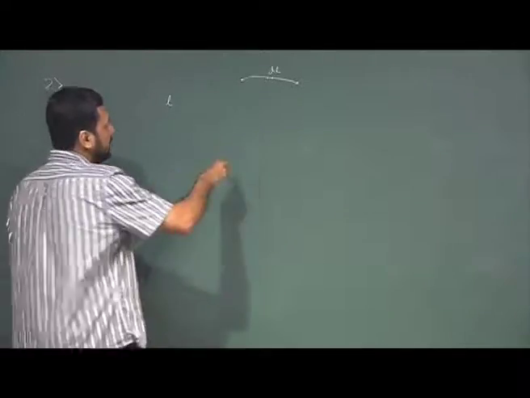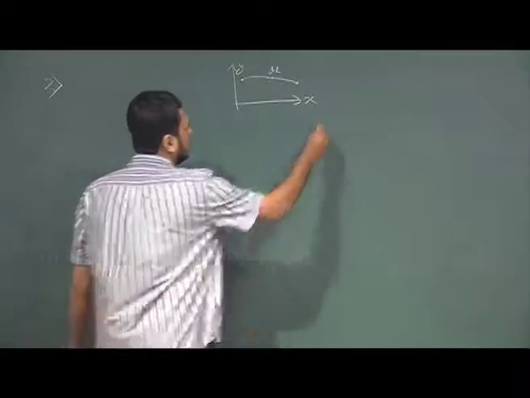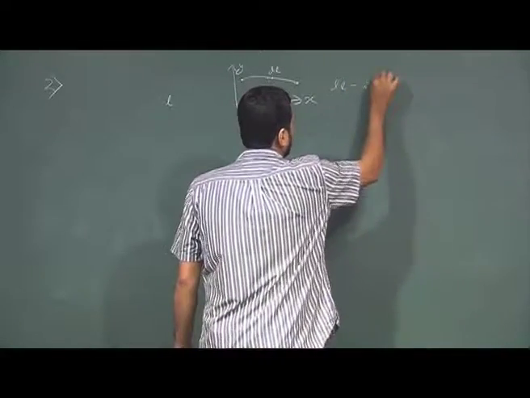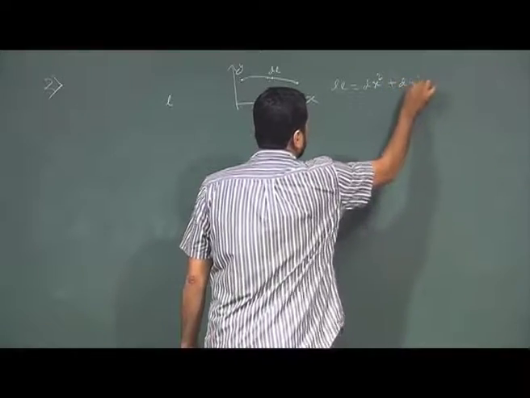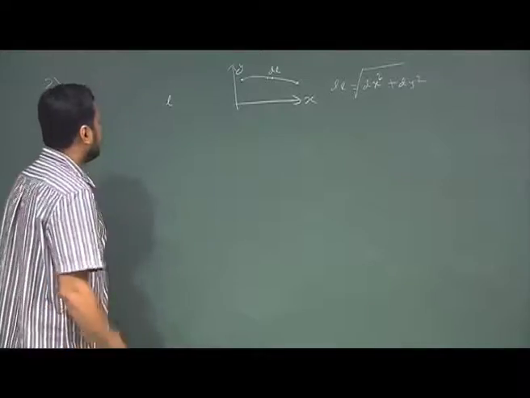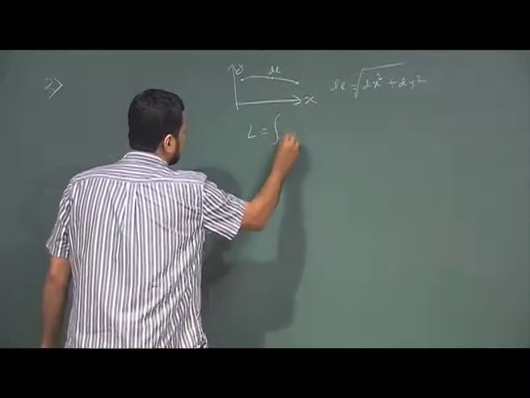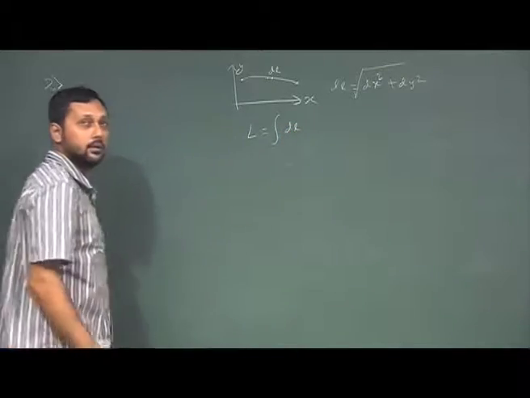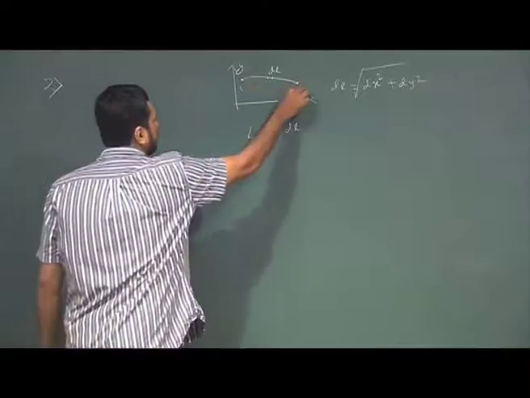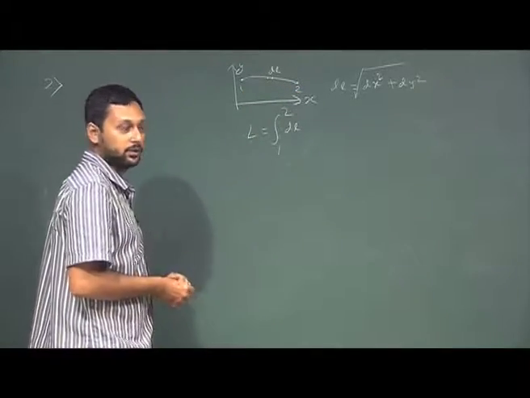Now, in a 2D xy plane, dl is equal to the square root of dx square plus dy square, right. So, L, the total length, will be the integration of dl. Of course, there will be limits 1 and 2, but that is not terribly important here.